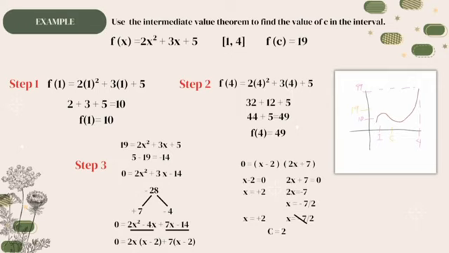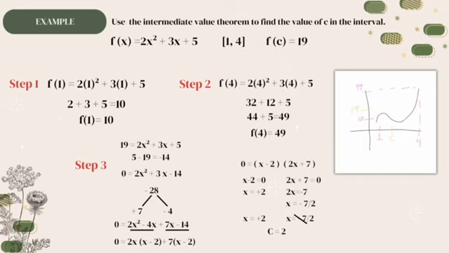On the other hand, 2x plus 7 is equal to 0, we'll have to subtract 7. So, 2x is equal to negative 7. Then, divide by 2. So, x is negative 7 over 2. So, one of these x values is going to be the c value.